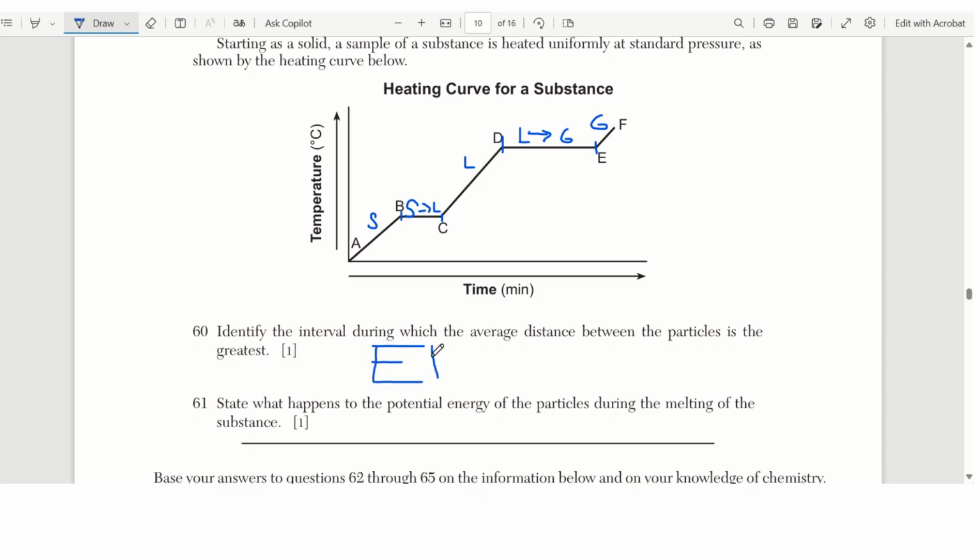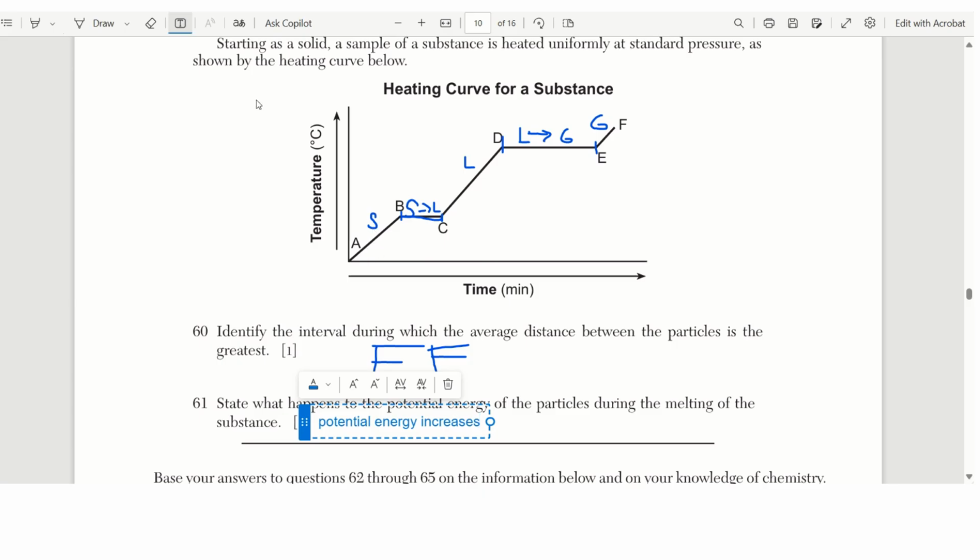In EF. State what happens to the potential energy of the particles during the melting of the substance. Well, during the melting right here, the kinetic energy is constant, but the potential energy increases.